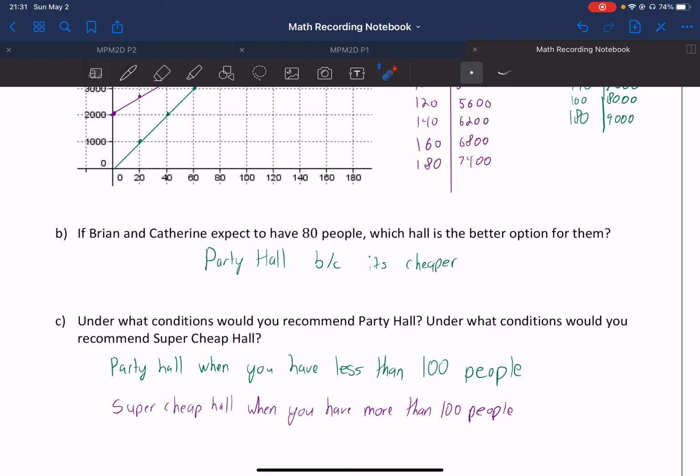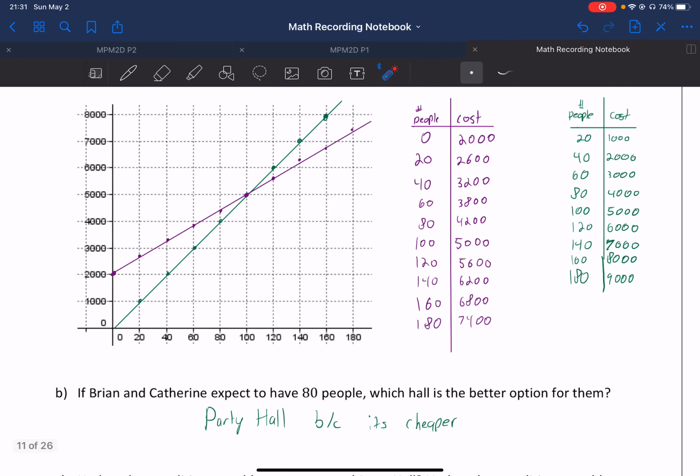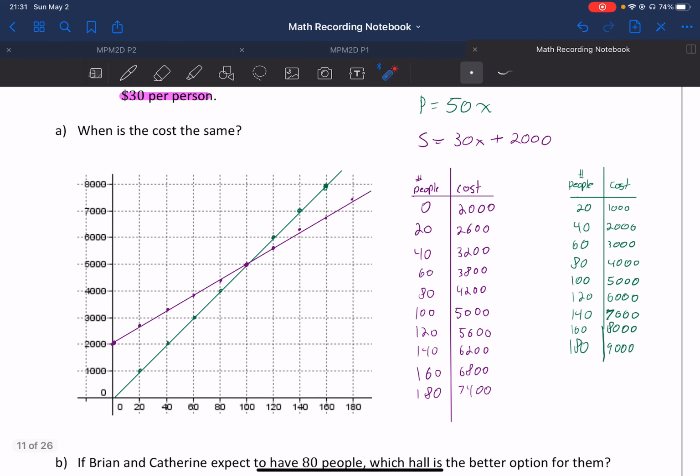Here the question is, under what conditions would you recommend party hall? So what that really translates to is, at what point is it cheaper to use party hall than Super Cheap? If we look up here at the graph, it is right between 100 and 0. Party hall is below Super Cheap's line, therefore it's cheaper.